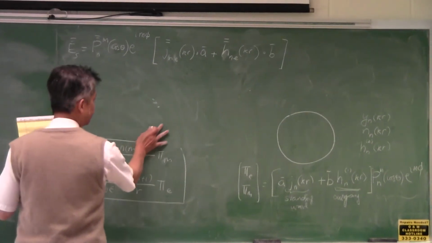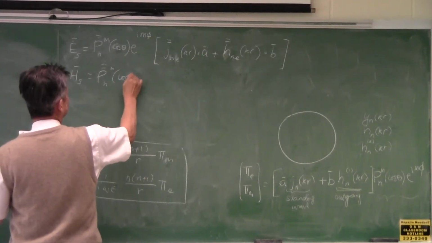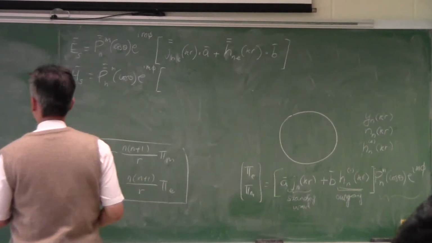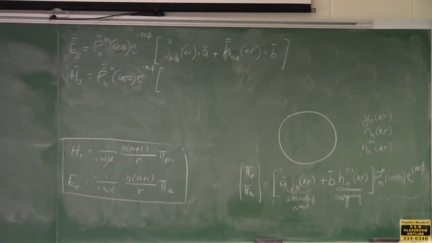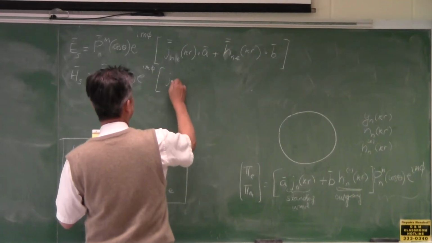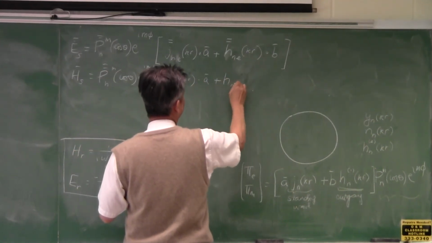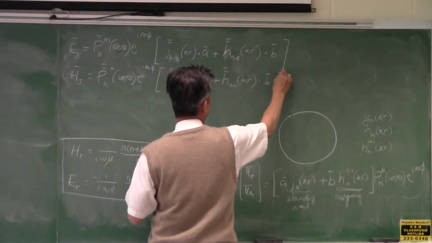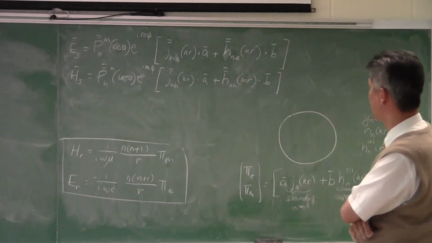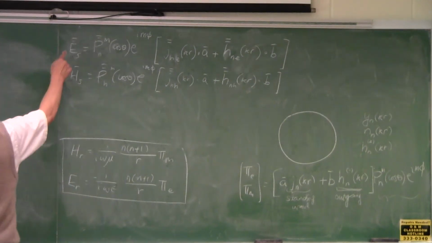And then H_s will also be something of that form; you just plug it in, with the e to the i m phi, and you will use this operator instead. This operator is not exactly that operator; it's some sort of a dual and transpose of that operator, a dual and row or column swap of that operator. So I will call this J_nh of kr dot A plus H_nh of kr dot B. These are the general solutions for E_s and H_s.